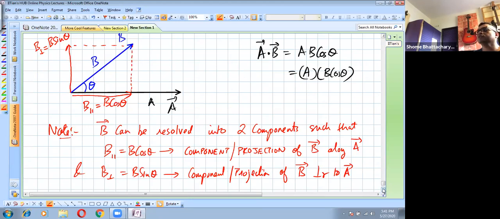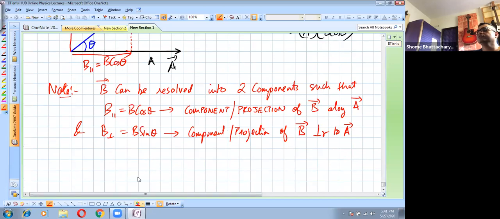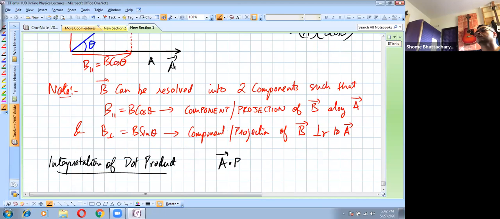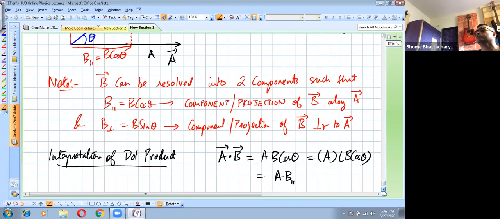Now you can see the interpretation of dot product. The definition is AB cos theta. You just think of it like A multiplied by B cos theta. Or in other words, it is A multiplied by the parallel component of B. So that's one way to interpret dot product.